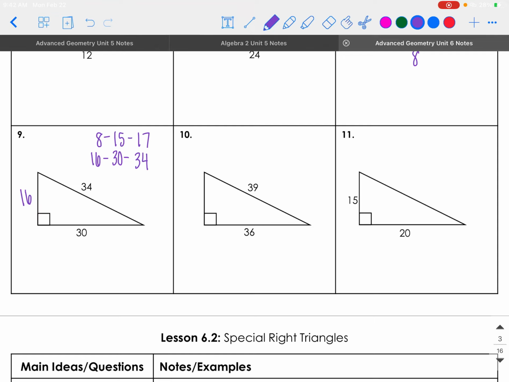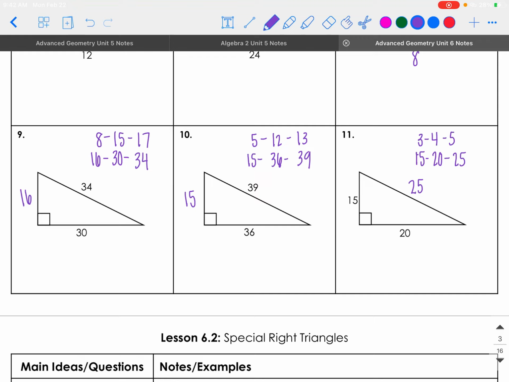36 and 39 aren't in the chart, but if I divide each of those by 3, we get 5, 12, 13, so 15, 36, 39. So this other side has to be 15. 15 and 20, again, not in the chart, but this one goes back to the 3, 4, 5. These are multiplied by 5. 15, 20, 25.